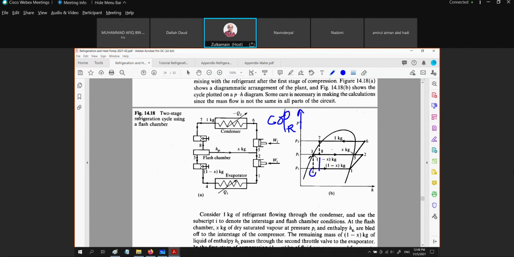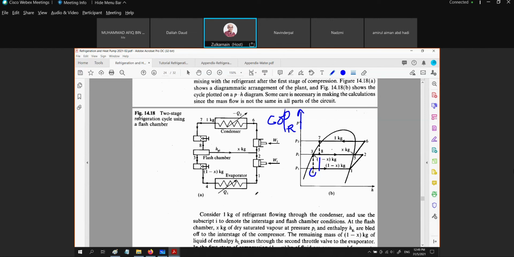So you need to understand which alteration or modification will increase the COP and which will only increase Q41. You need to differentiate between them. Look at which one, Q41 increase or COP increase. Of course, if we want to increase COP, we need to increase the Q41 or reduce the W input. But in this case, we are not going to touch anything on the decrease of the power input.